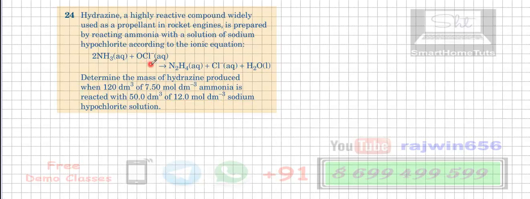So from this you will be able to calculate the moles of OCl minus. Once you calculate the moles of NH3 and OCl minus, you find out which is the limiting reagent from the mole ratio. Whichever is the limiting reagent, that many moles you are going to take for N2H4. Try to do this. You should be able to get it.